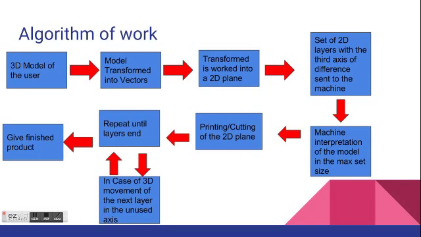This transformation then sends the layers of the 2D vectors, or just sends the 2D vector plane, depending on the format you are making. And from that, after calibration, the machine starts cutting based on the model, cutting or weaving, depending on the type of machine you're utilizing, within the max size.